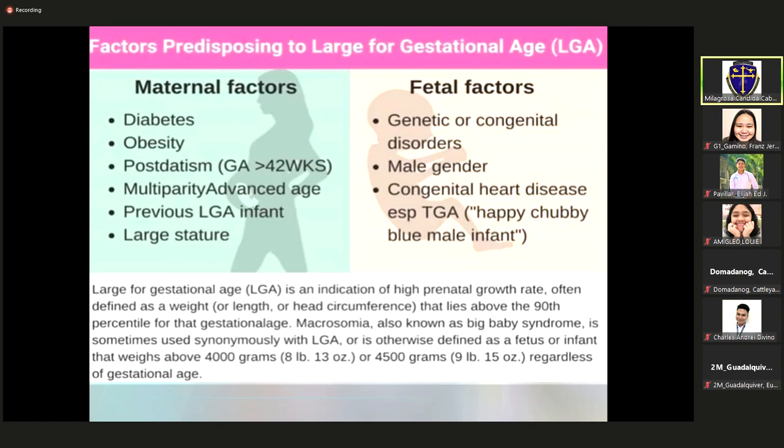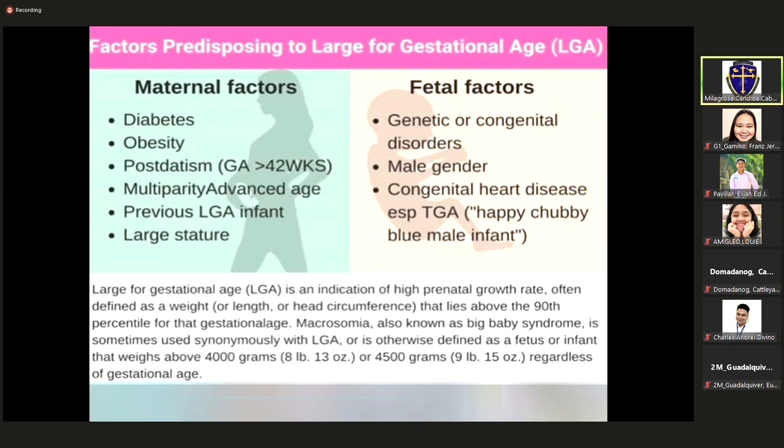Okay? Nagbaliktad sila. It was said here, large for gestational age is an indication of high prenatal growth rate, often defined as a weight, or length or head circumference that lies above the 90th percentile for that gestational age. Okay.